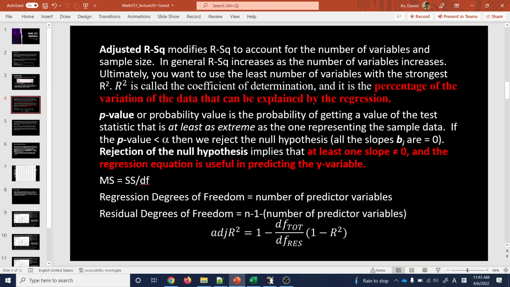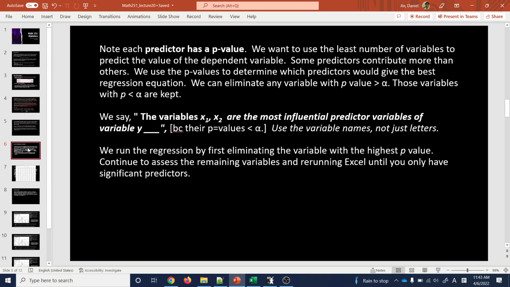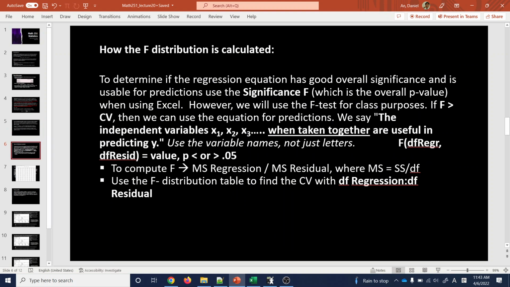Sorry. The overall significance of the prediction is given by the significance F, and if that value is closer to 0, then that's a good sign.